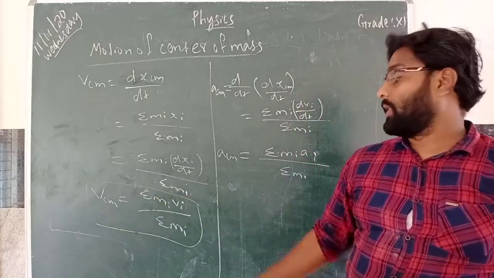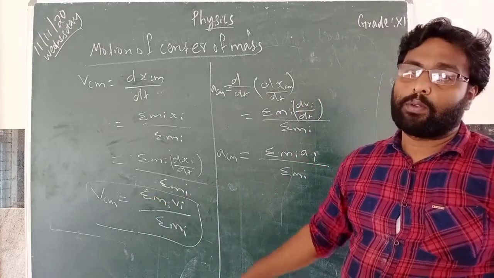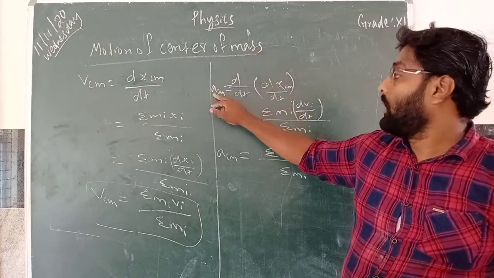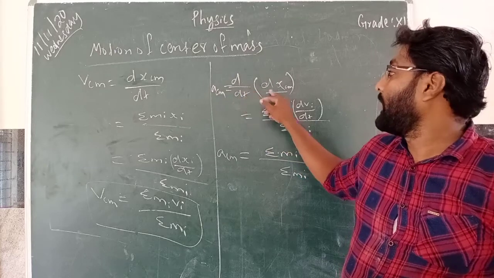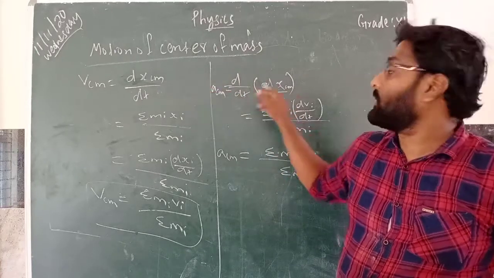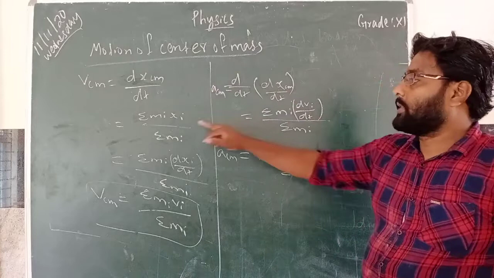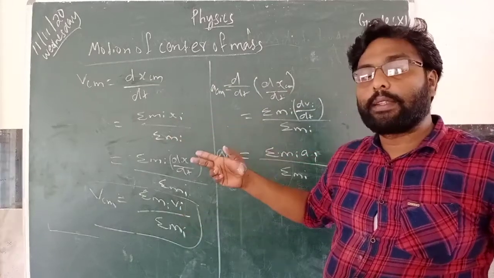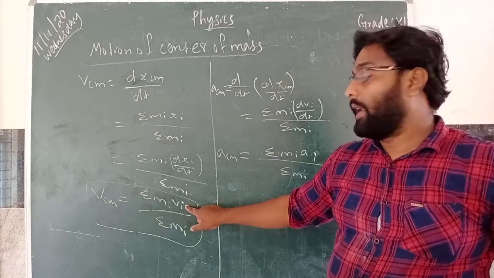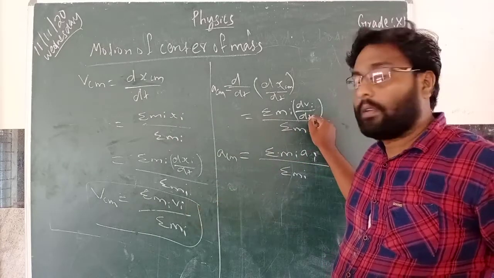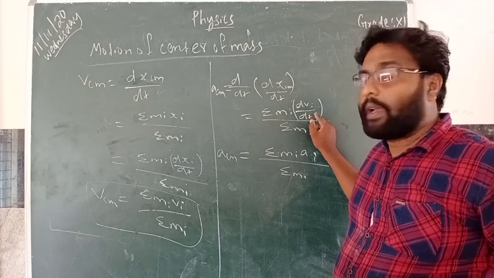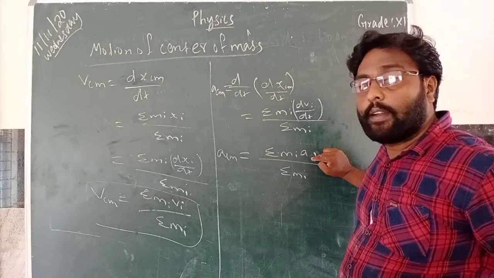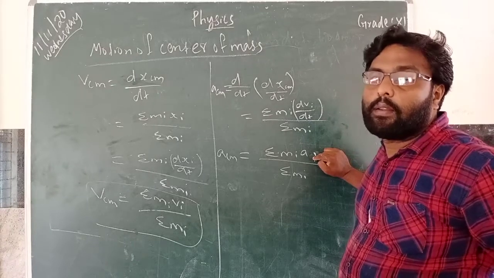So the velocity of the center of mass you can find out by using this one. Now the kinematic form, second derivative form, acceleration, is d by dt of this velocity. You differentiate vi again, so dvi by dt, which means acceleration.